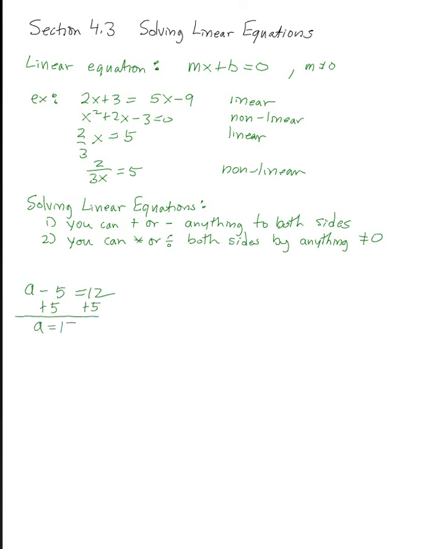So a equals 17. There's your answer. How about 2x equals 24? This time, we recognize that the x is connected to something by a multiplication. It's connected by a times 2. The opposite of a times 2 is a divide by 2. So x is 12.